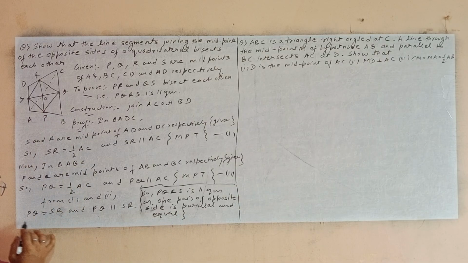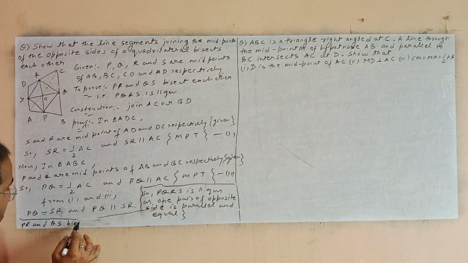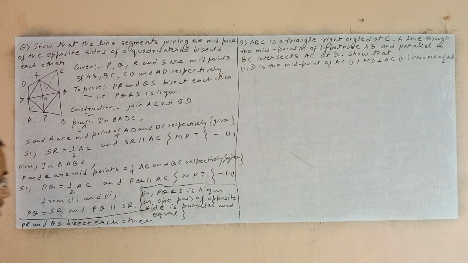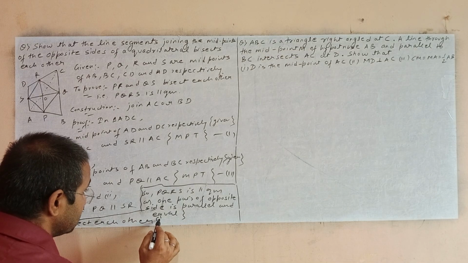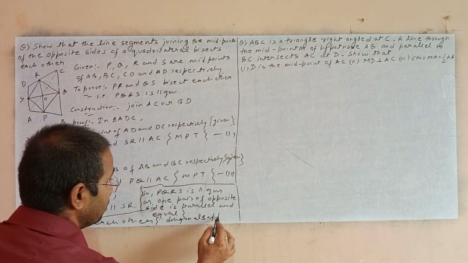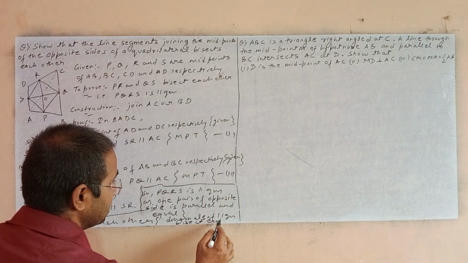Therefore you can say that PR and QS bisect each other, because the diagonals of a parallelogram bisect each other.